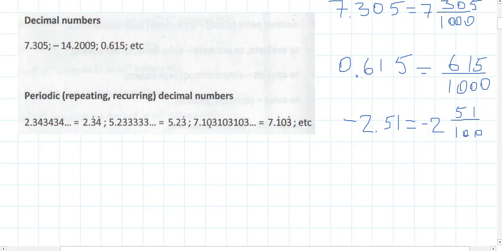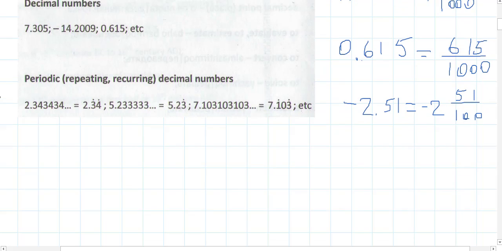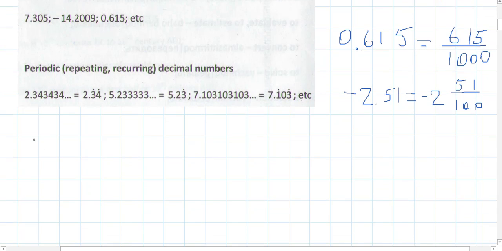And we have a type of decimal numbers which we call periodic, or repeating, or recurring decimal numbers. What are periodic or repeating decimal numbers? For example, let's consider the fraction 1 over 3. A fraction means division, so we should divide 1 by 3. It is 0 point.